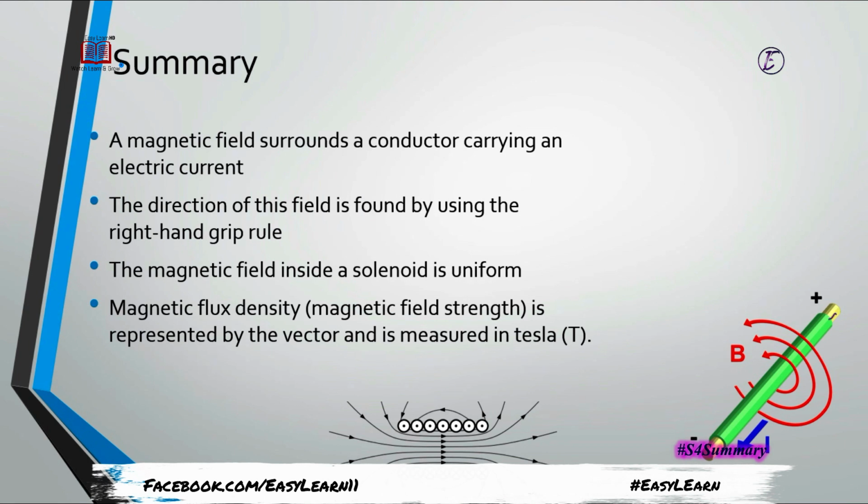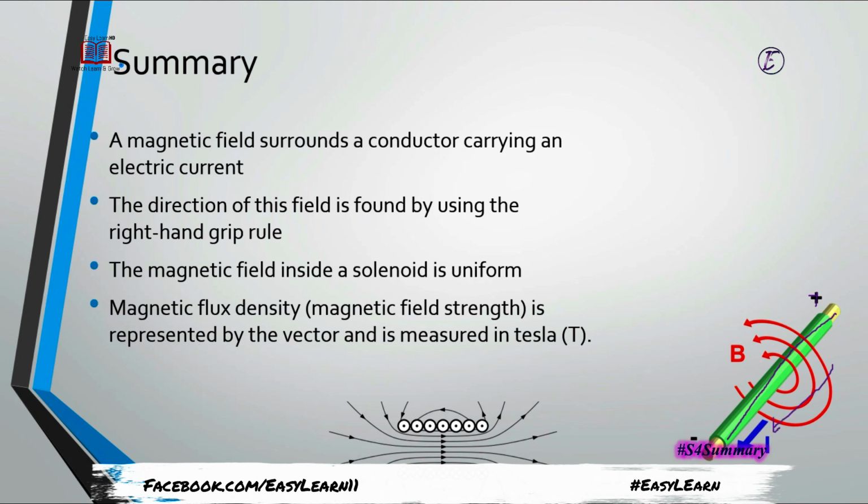Suppose we have a conductor here, and we connect it to an external source. Then there will be an electric field inside the conductor, and the direction of the electric field is the same as the conventional current, from positive to negative.